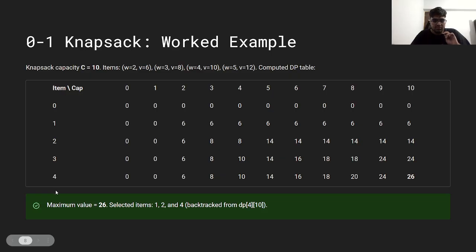Here we look at each pass, and each pass tries to solve the problem. However, by the fourth pass, we reach an optimal solution. At the bottom right, you can see the capacity has been maxed and the maximum value has been reached. Therefore, we have selected items 1, 2, and 4 and backtrack the solution from the matrix cell 4 and 10.